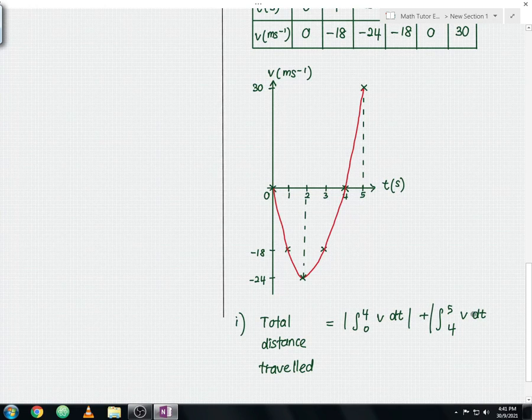Not to forget to add the modulus as well, since we are calculating the distance, right? So from here, let us proceed with our calculation.